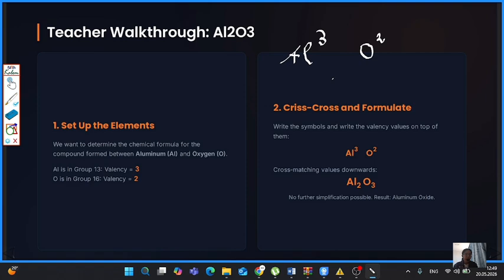We write aluminium, we use the valency of oxygen, write oxygen, and use the valency of aluminium. Only that one we don't take. Is it the same? Yes, it's the same.